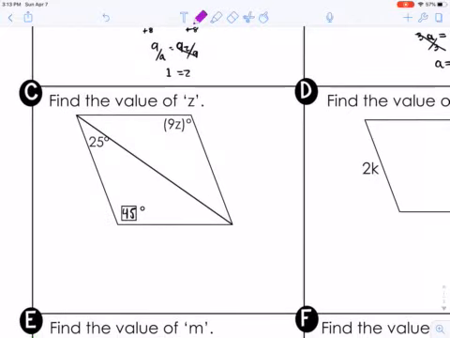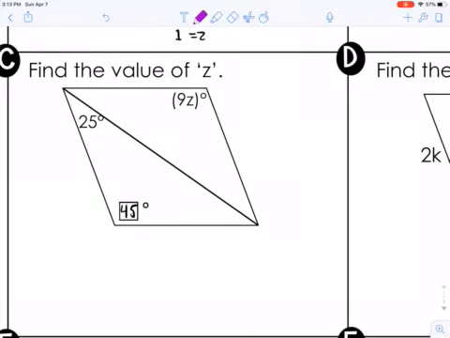And then we start the process over again. It's a parallelogram, so we're going to mark those opposite sides parallel. We're going to mark them congruent. We're going to mark the opposite angles congruent. But this time, instead of just saying this angle is congruent to that angle, what I would like to do is apply what we talked about with the alternate interior angles.